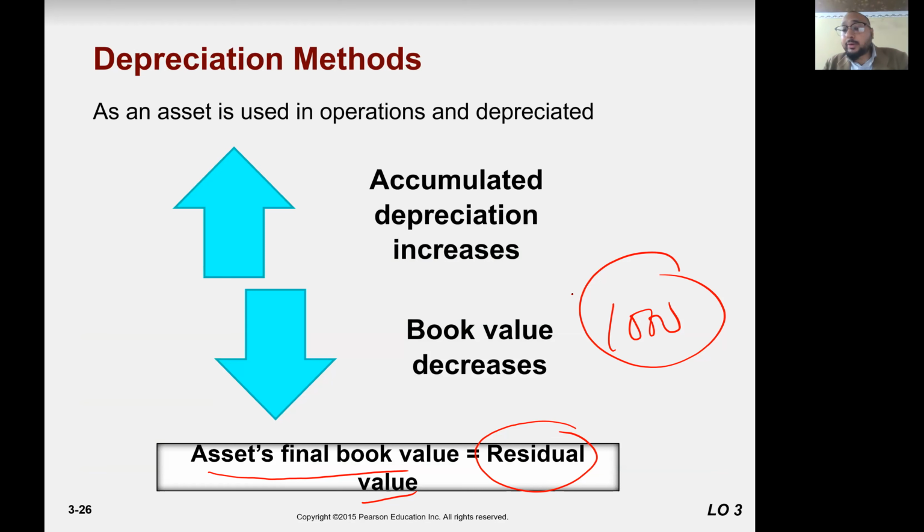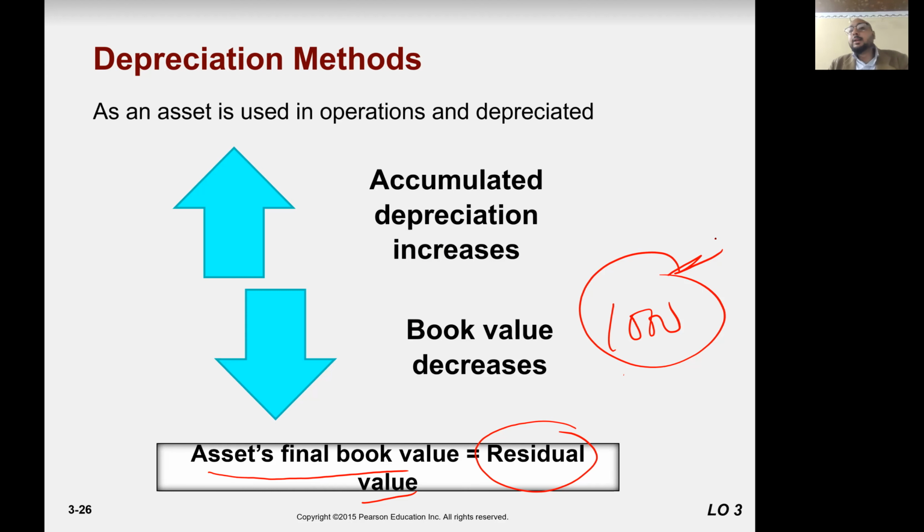That is what we plan for, unless on year 4 or 5 we make a major engine overhaul, or we change the engine, or we change the body or something which increases the life of the asset. Then the treatment is going to be a little bit different here. But we assume that right now at this moment, it will be sold at 1,000 and we get rid of it, and then we buy a new one.